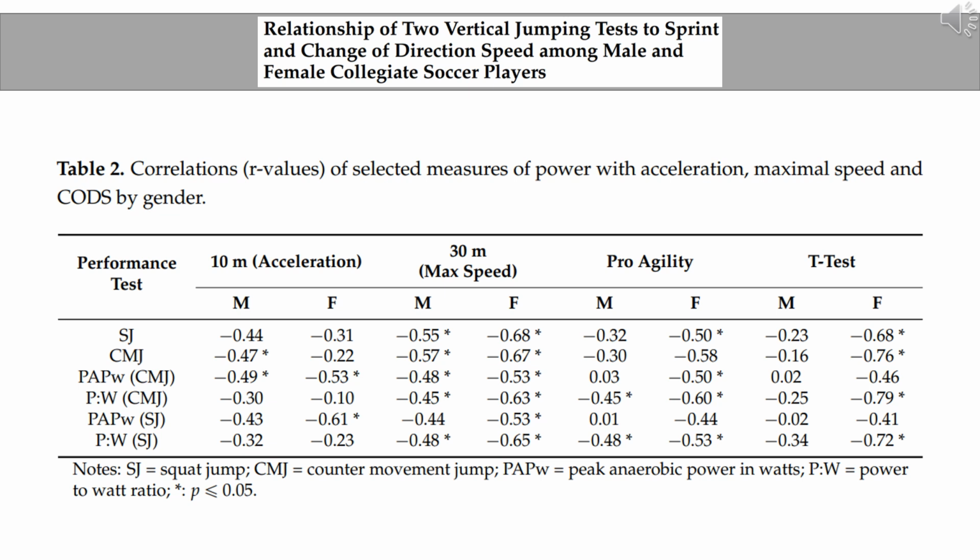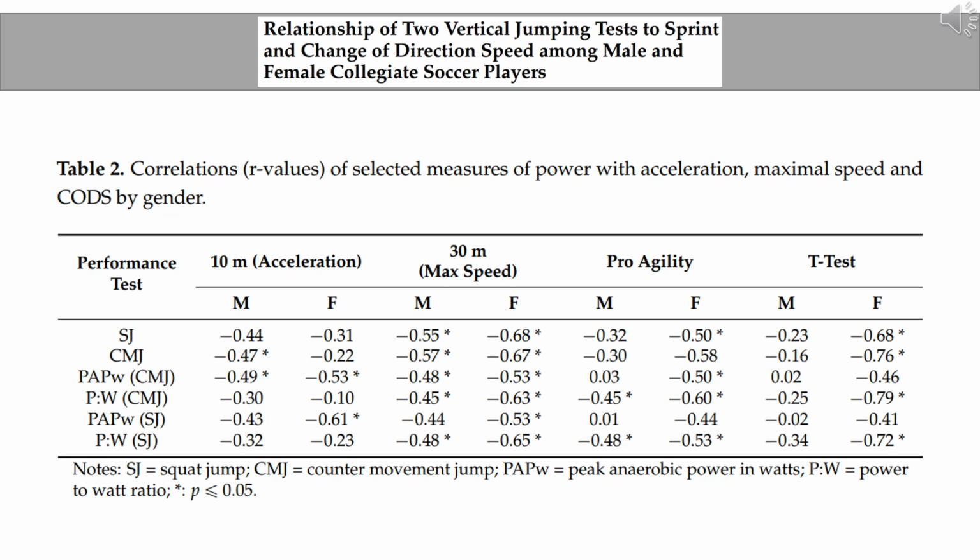We've got separate R values for male and females, M and F, and you can see that any correlation that's deemed statistically significant has an asterisk symbol next to it. And I guess if you scan the table, what you can see is there are a lot of asterisk values here.